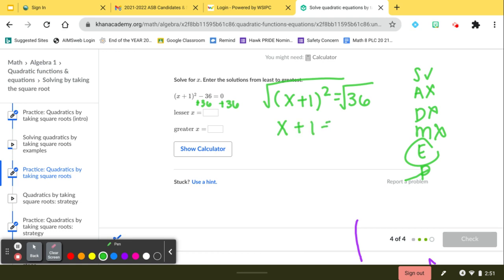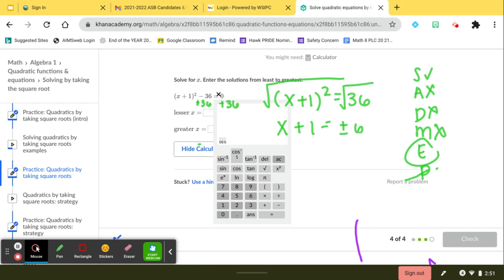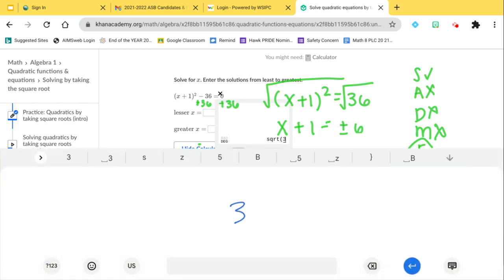The square root of 36 is positive or negative 6. Some of these problems you may have to take a square root of a non-perfect square. If that is the case, just use the calculator. So let's say you're taking the square root of 37. So you just do square root 37, and then you got to end the parentheses, which is 6.0827.